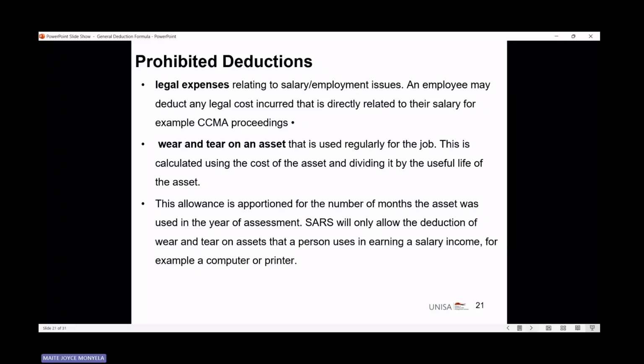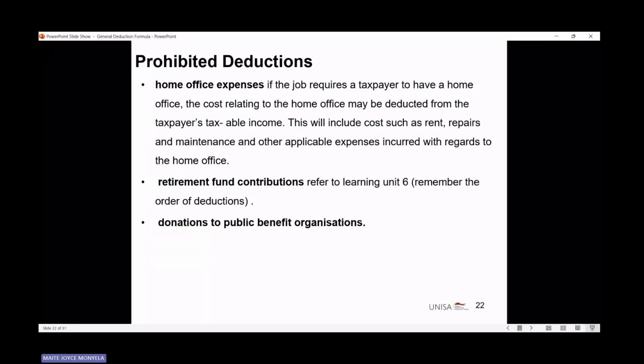Home office expenses, for those who are working from home: if the job requires a taxpayer to have a home office, the cost relating to the home office will be deducted from the taxpayer's taxable income. This will include the rent, repairs, maintenance, and other applicable expenses incurred with regard to the home office.